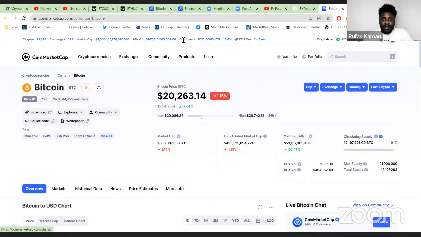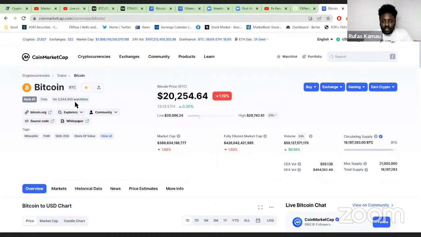Out of these, Bitcoin dominates 38.6% of this market cap, whereas Ethereum dominates 18.8%. This means that both coins, Bitcoin and Ethereum, form more than 56-57% of all the valuation of the cryptocurrency ecosystem, making them the most popular and also the most valuable coins in the ecosystem.